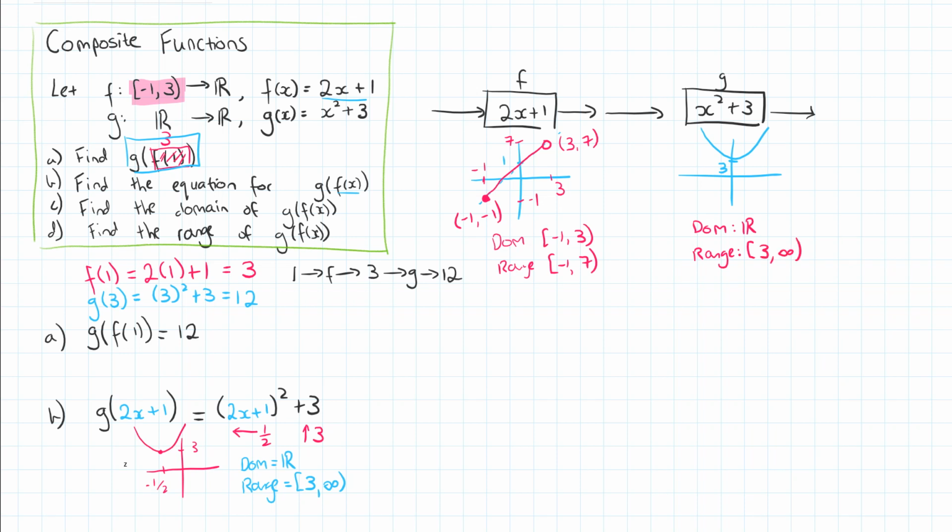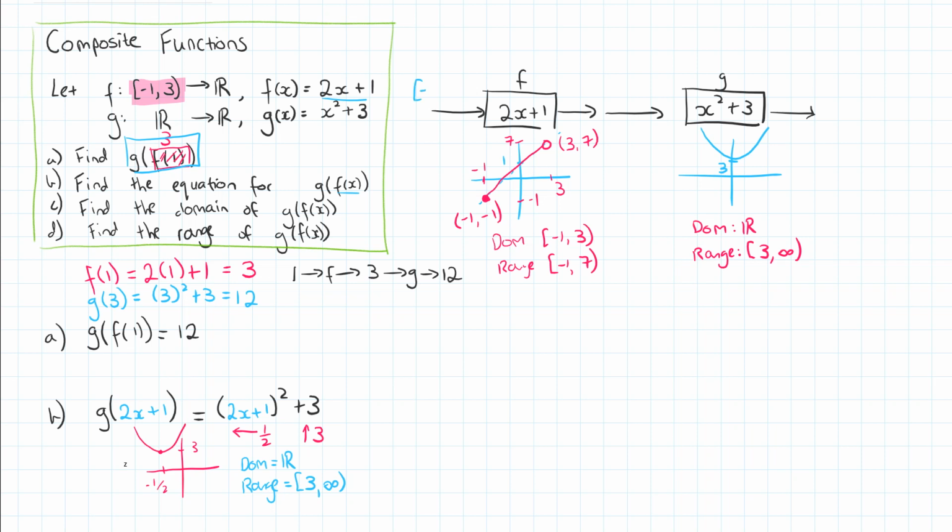Okay. If you set yourselves up with these graphs at the start, it's going to make reading the conveyor belt along here much easier. So I really recommend doing that. So here we go. Instead of just sending in a single number like we did before with number 1, we're going to send in all possible x values that we can. So all possible x values, or another word for that is the domain, is between -1 and 3.